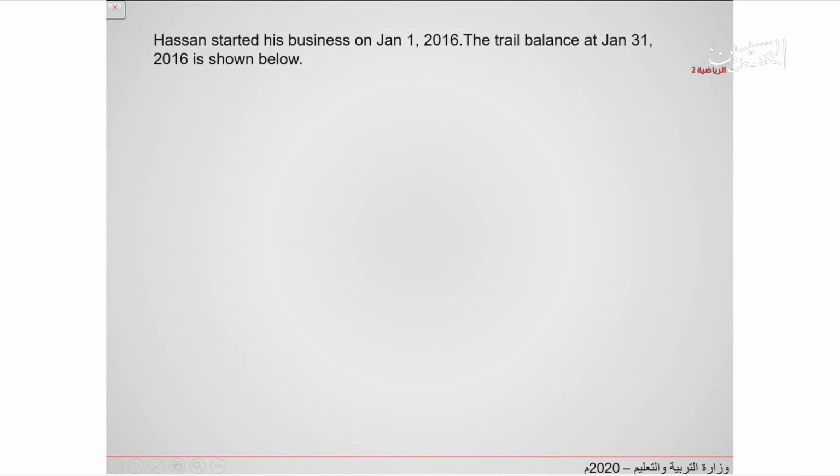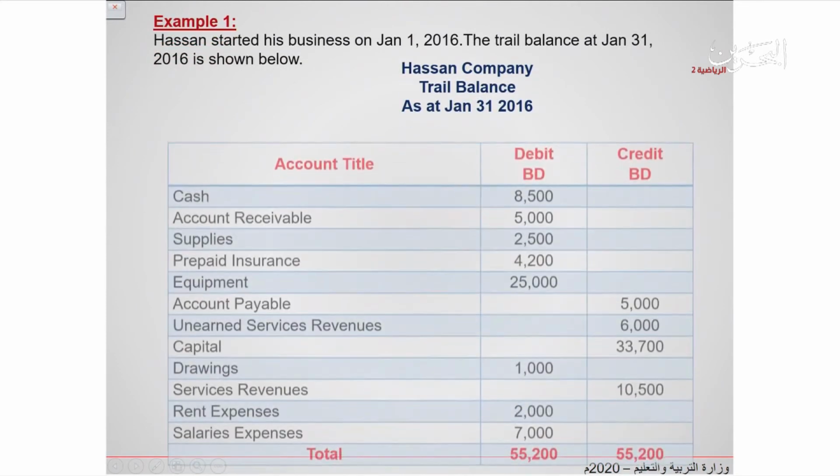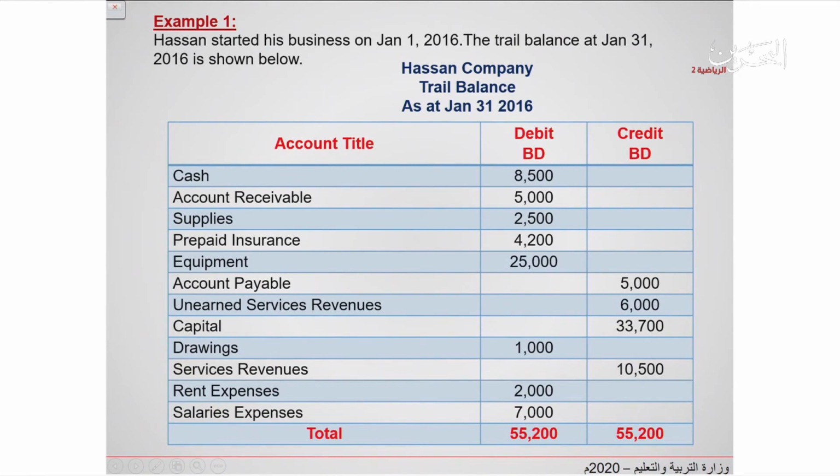Let's see now an example for both types of adjusting entries, taken from the previous lesson and the lesson today. Hassan started his business on January 1, 2016. The trial balance at January 31, 2016 is shown below. This is the trial balance of Hassan company.